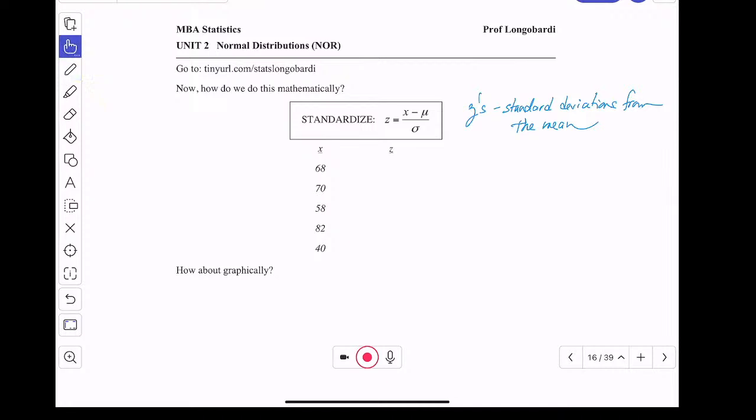Then once I transform every value of x into z, I could solve questions about those using the standard normal table. I can do backward problems, type 2 problems, or type 1 problems as well using z, finding probabilities.